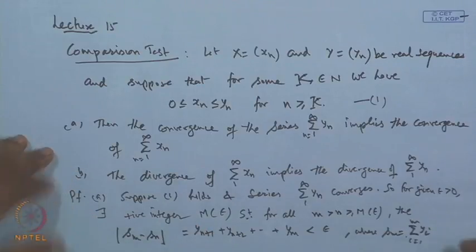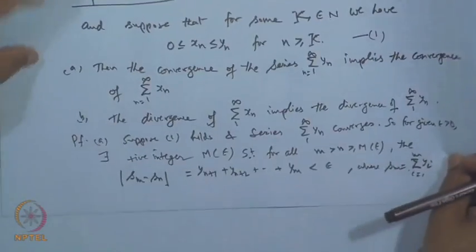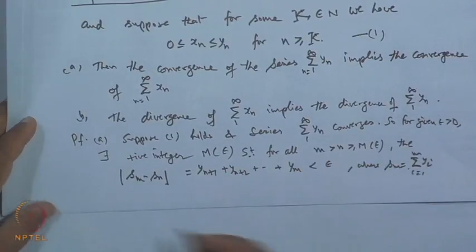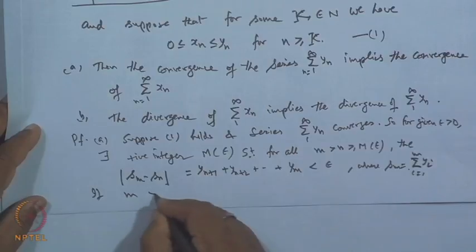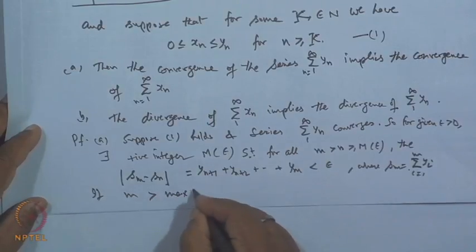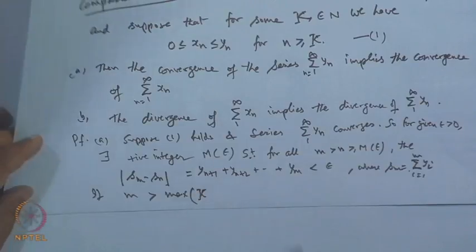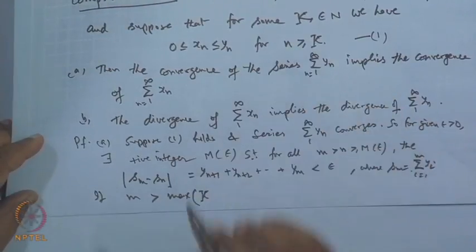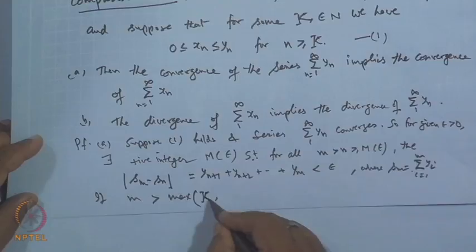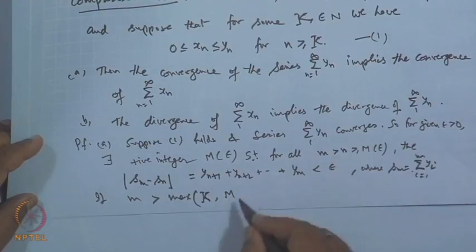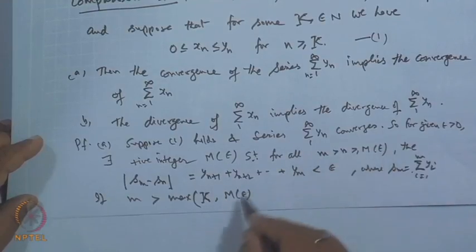Now, let us choose m to be greater than the maximum of this k, for which this inequality is valid, as well as the capital M, which we have already got because of this convergence.